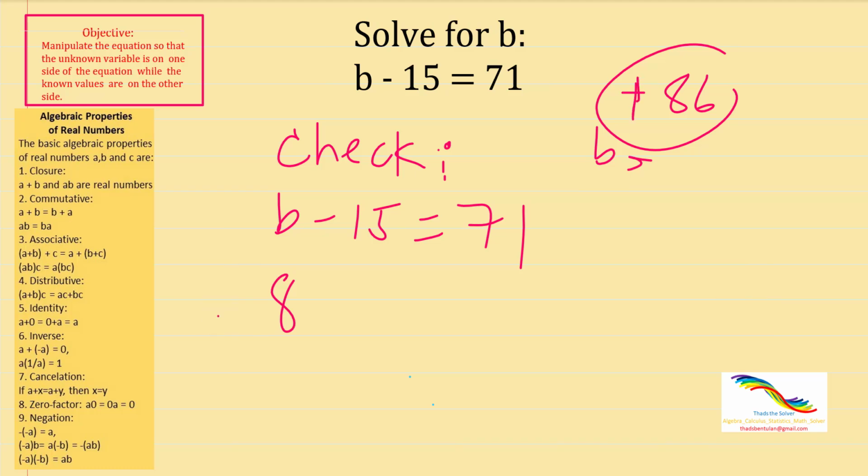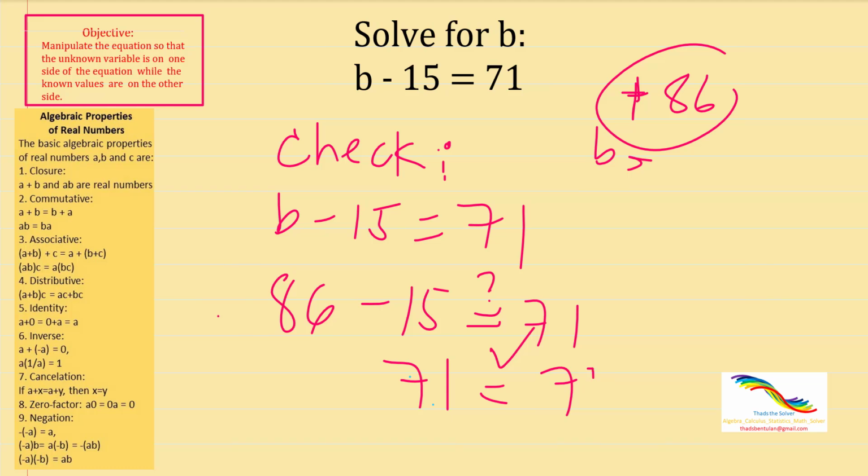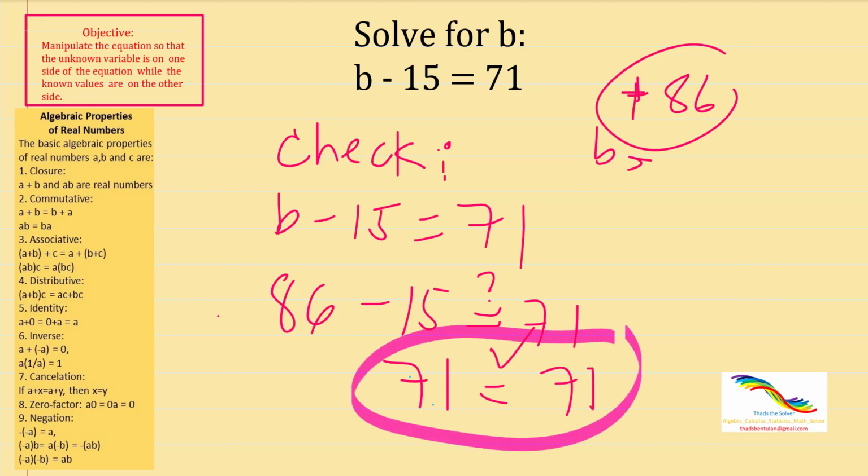This is positive 86. So this 86 minus 15, is that equal to 71? So that is 71 equals 71. Then therefore you have cross checked it. Check.